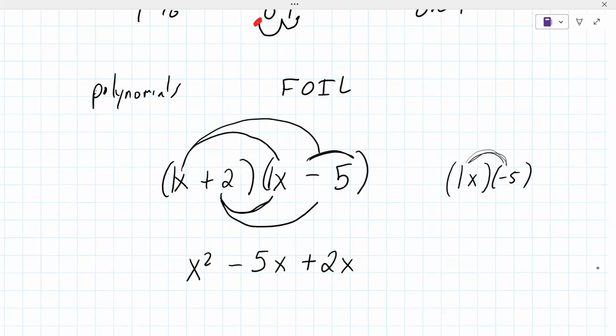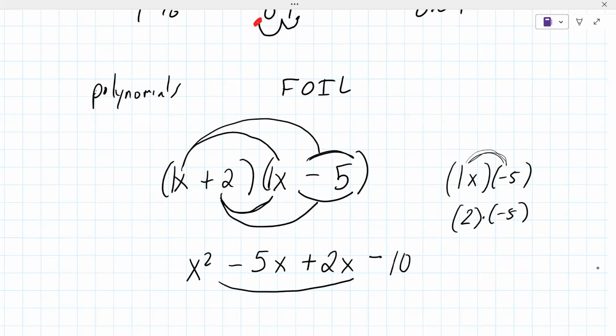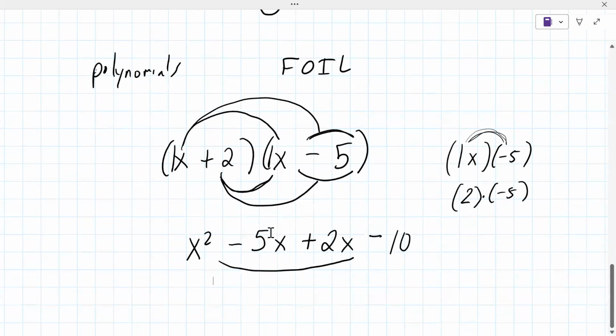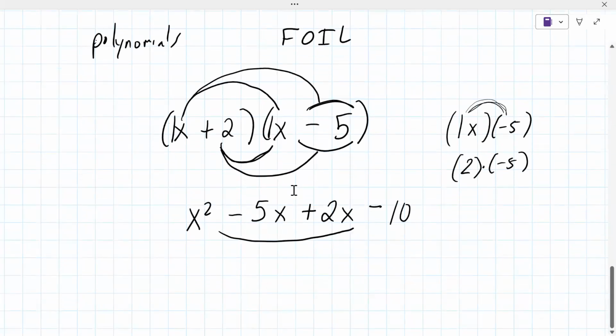And then 2 times negative 5 becomes, you're multiplying. Oh, 2 times negative 5 is negative 10. Okay. Now, these you're adding together, the outer and the inner. The O and the I. What is minus 5x plus 2x?